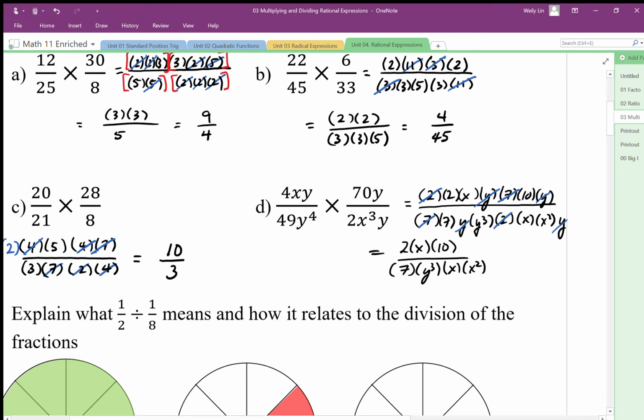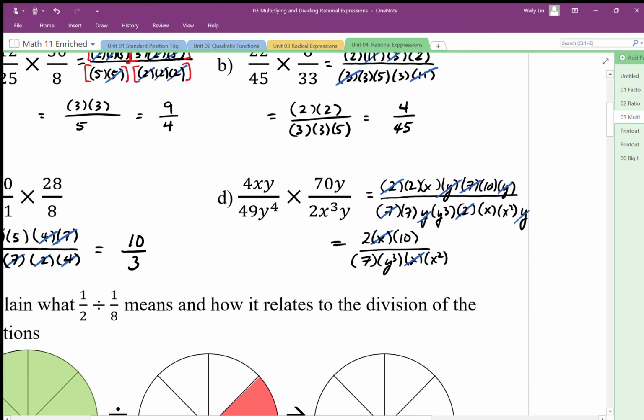So I still have this x factor to cancel. And it looks like at this point there's no more common factors, so I'm going to write my final answer. I'm just left with 20 on top, 7x squared y cubed on bottom. Okay, and again, I'm just looking for common factors of times and divide. Although with multiplication, really it's just a numerator and denominator that we have to work with.